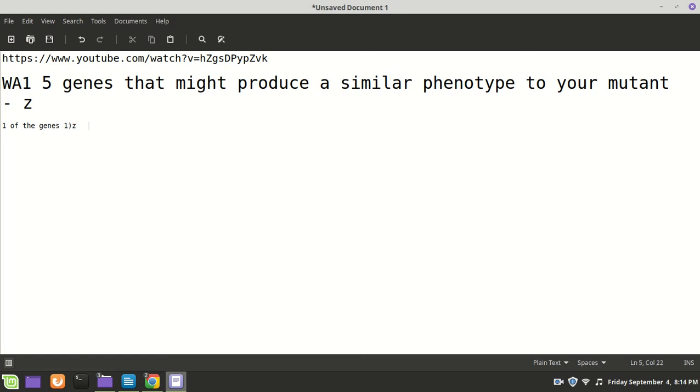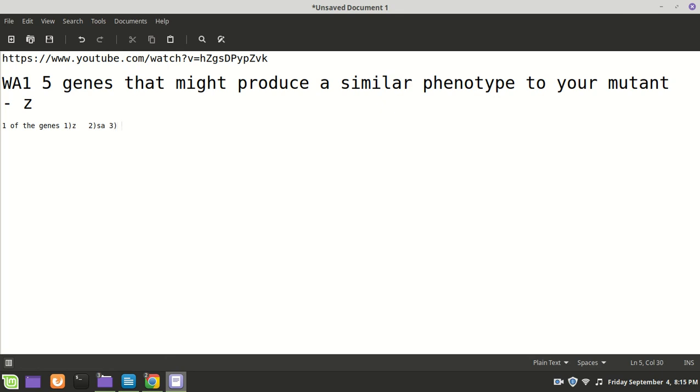But then you start looking around and you find, oh, there's something else called SA, that gives something similar. Maybe Z makes the fly have long legs. Well, SA also makes it long legs, but it also has funny looking wings. So they're not the same. They have slightly different phenotypes, and that's the kind of stuff you want to talk about.